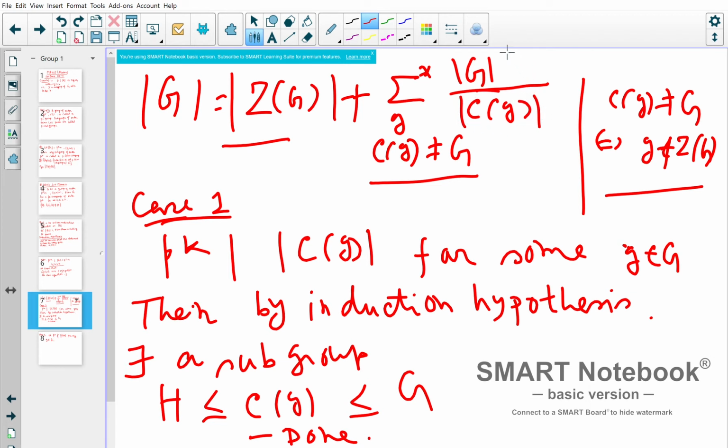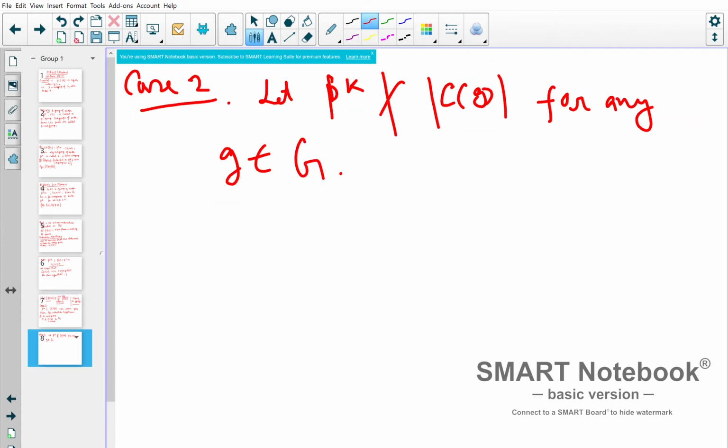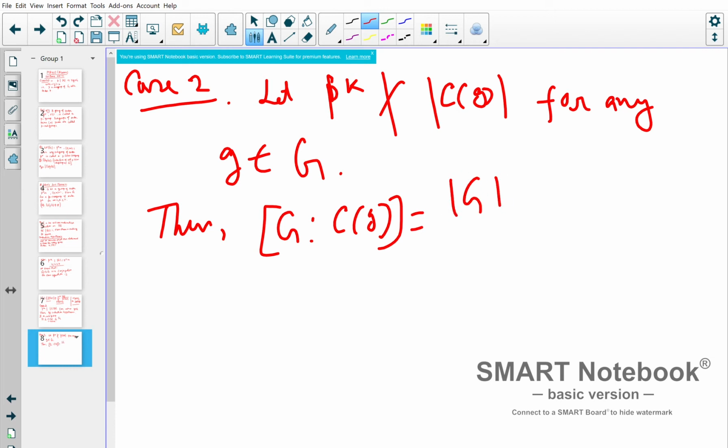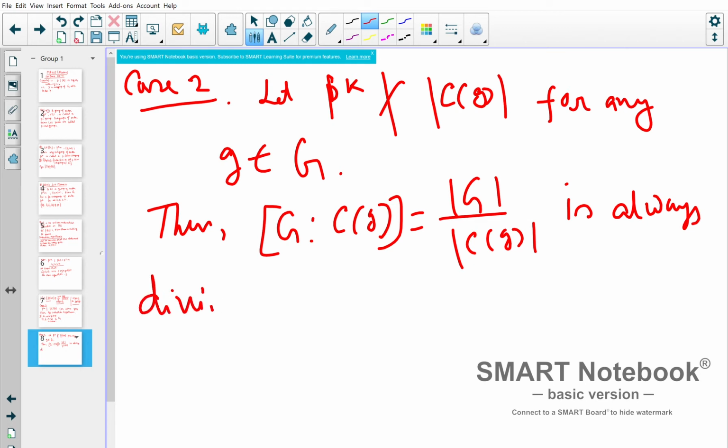So this index of the centralizer of g, which is nothing but the order of G divided by the order of the centralizer, is always divisible by P, for all g belonging to G.